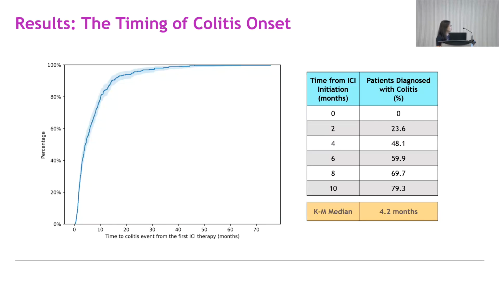Around 24% of the patients had colitis events within 2 months after ICI initiation. The median time from ICI initiation to colitis onset was 4.2 months in this cohort of patients.